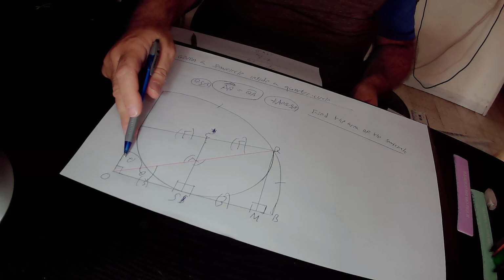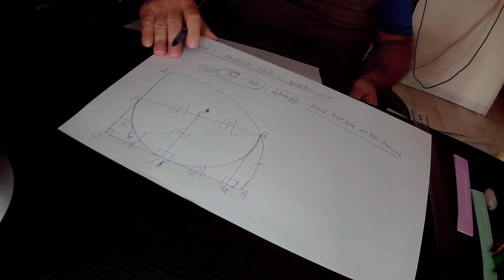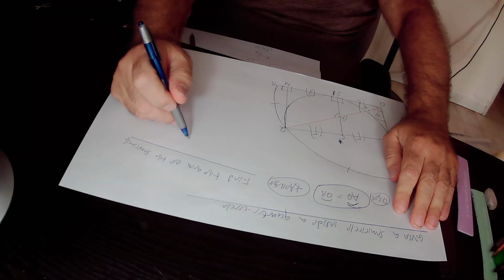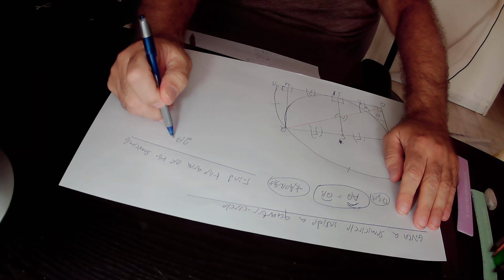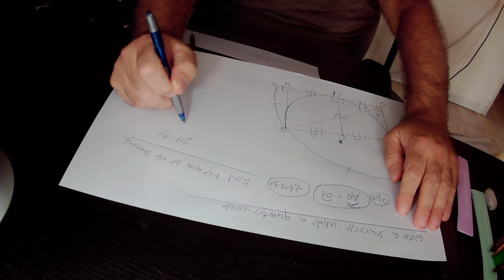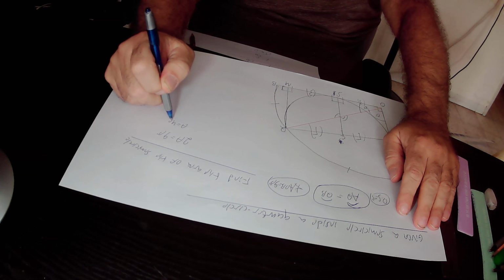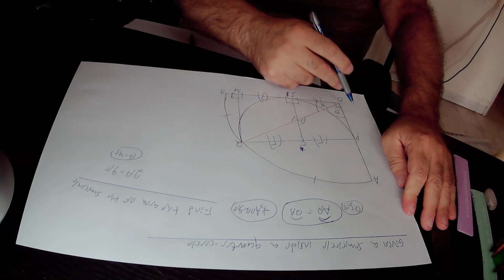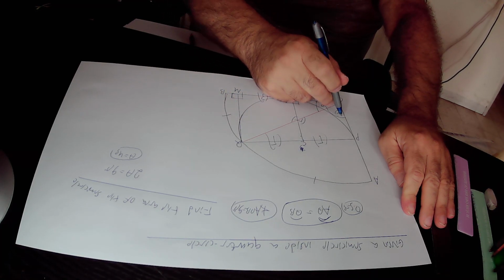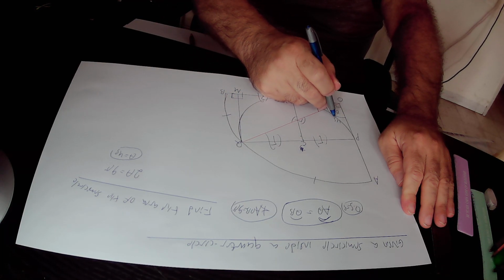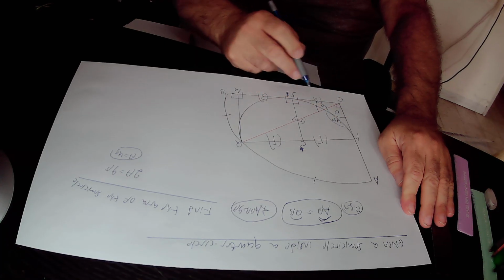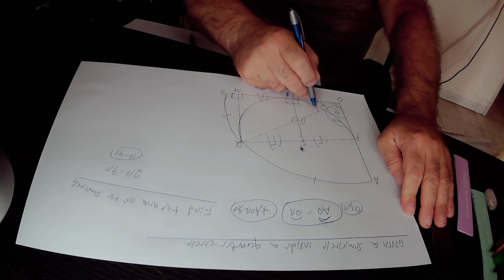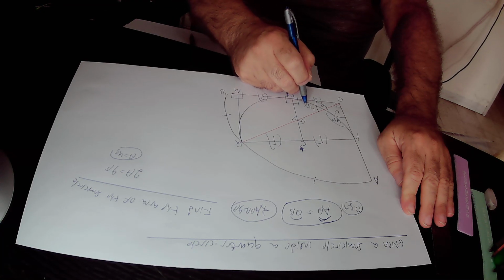So theta plus theta equals 90 degrees. Theta plus theta is 2 theta, equal to 90 degrees. We divide this equation by 2, and we get that theta equals 45 degrees in its size. So angle AOQ is equal to theta, that is 45 degrees. This is angle QOB, that is also equal to theta, and theta equals 45 degrees in its size.